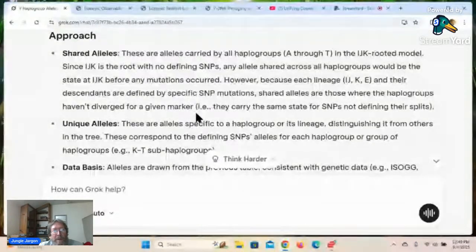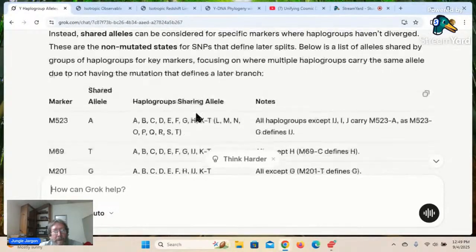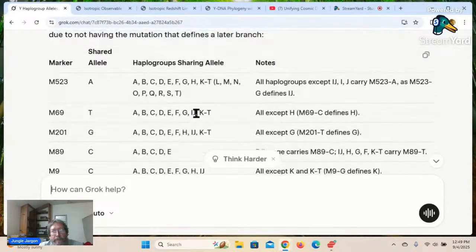Okay, shared alleles. There we go. So now I hope it has the shared allele. M523 A, haplogroup sharing allele. Well, what about the M523 T?